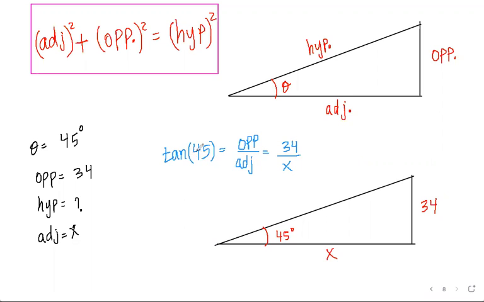Now, tan of 45 is given from the table. I gave it last time, I think. So the tan of 45 is 1, equal 34 over x. Now do cross multiply, this by this, here actually over 1, and this by this. So I get x times 1 is x equal 34 times 1 is 34. So the value for x here is 34.